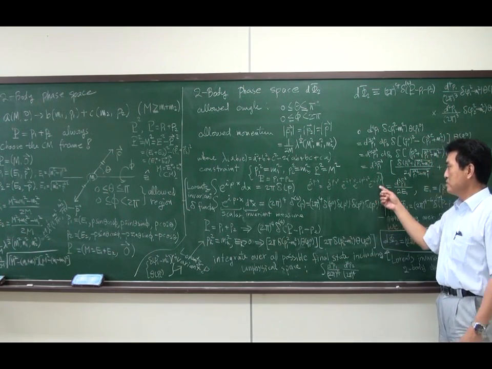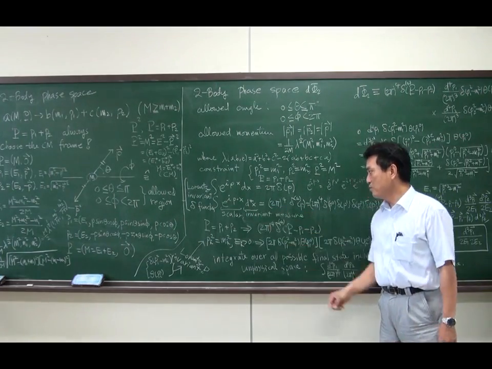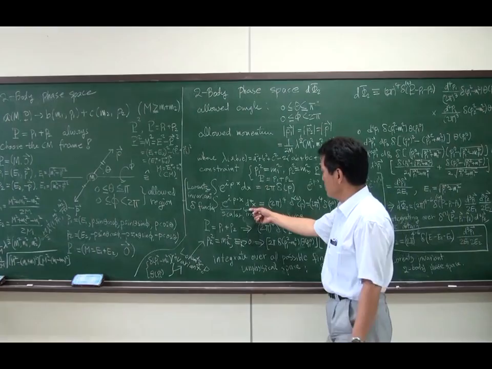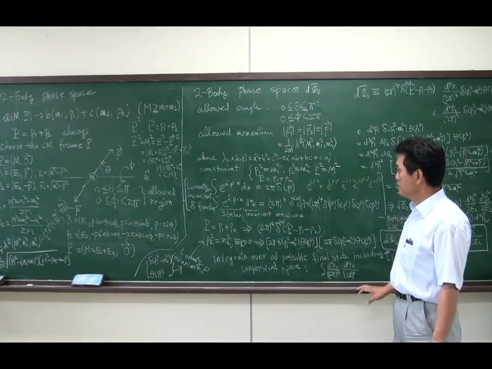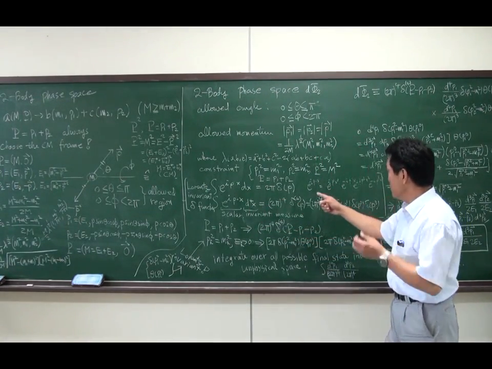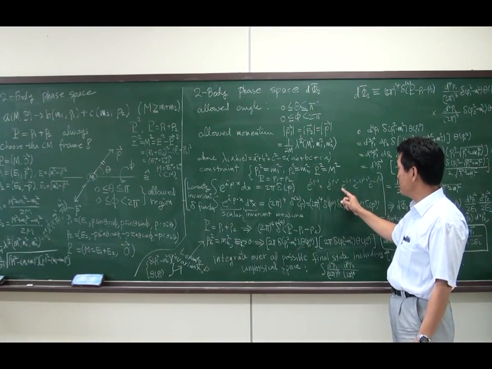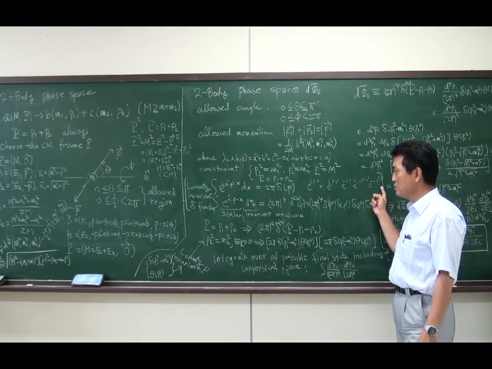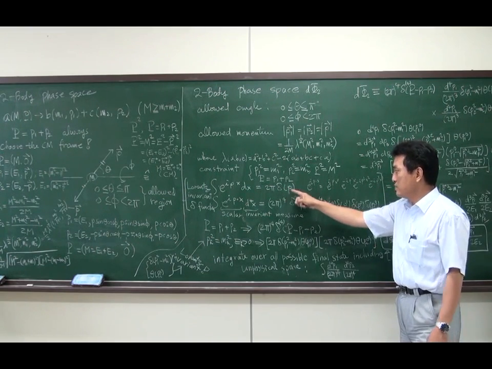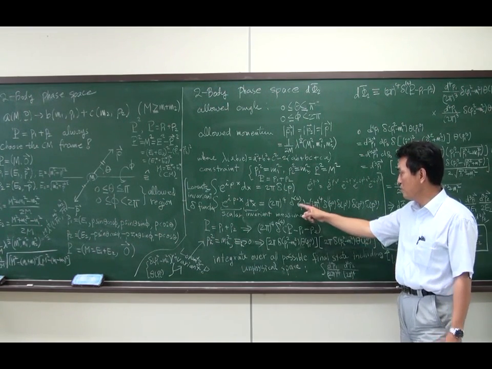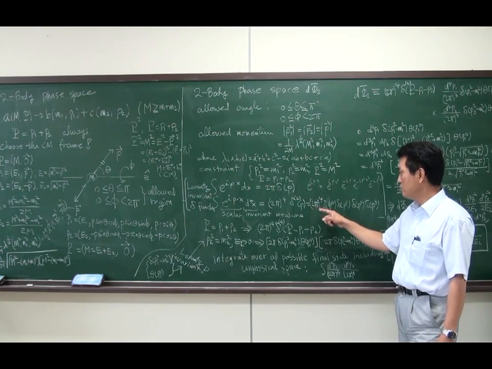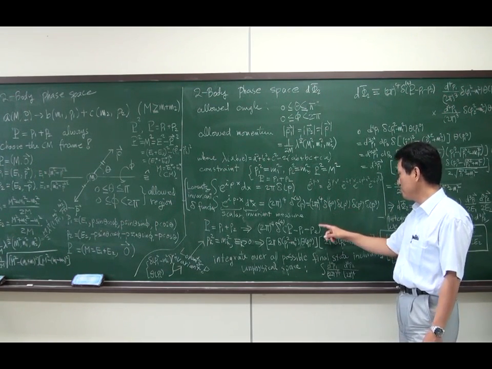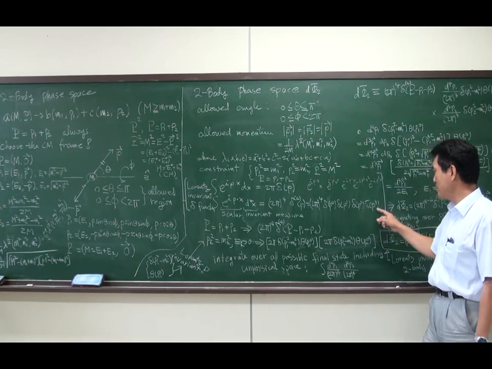So this exponential can be integrated over the four-dimensional space. If we integrate over the four dimensions, the x0 integral, x1 integral, x2 and x3, all four integrals generate delta functions: 2 pi delta p0, 2 pi delta p1, 2 pi delta p2, and 2 pi delta p3.